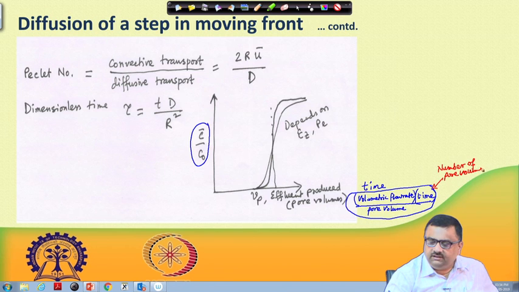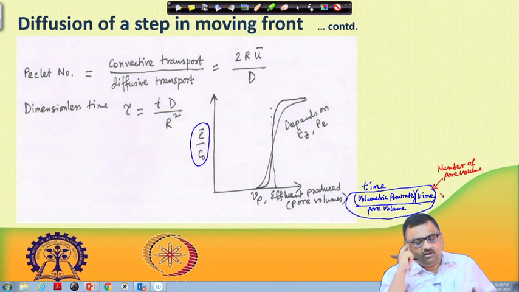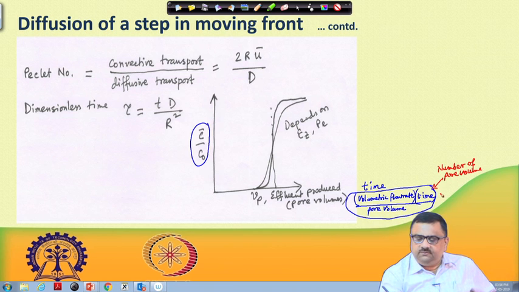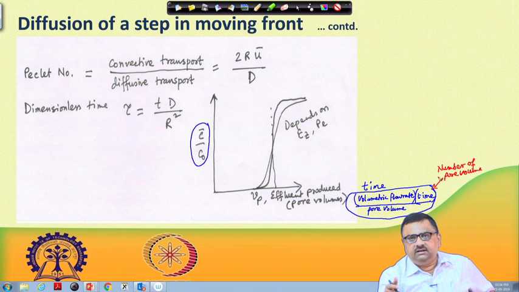What is the idea here? If we put it as number of pore volumes, or people generally shorten it and say pore volumes. Pore volumes means how many pore volumes.